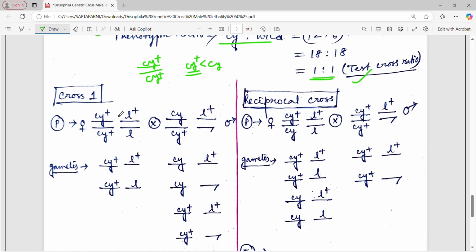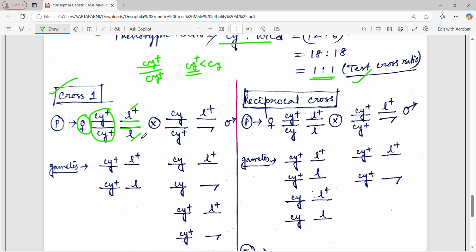So in the first cross, we are taking the mother as the homozygous recessive. Here the mother is carrying Cy+ Cy+, the homozygous recessive allele. As it is a mother, it has 2 X chromosomes, and to do the lethality cross, the mother must have one L+ allele and another L allele.